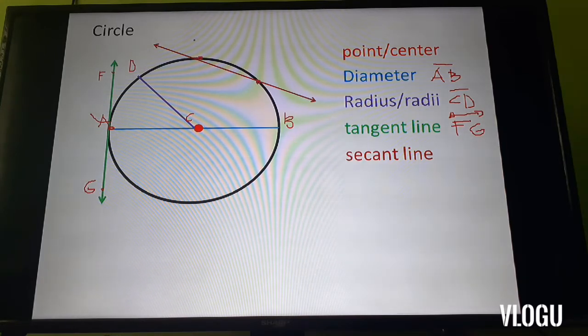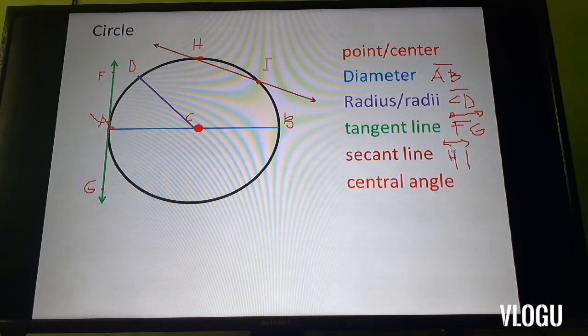This is H, and this is I. So my secant line now is line HI. So I have to represent this by a line.